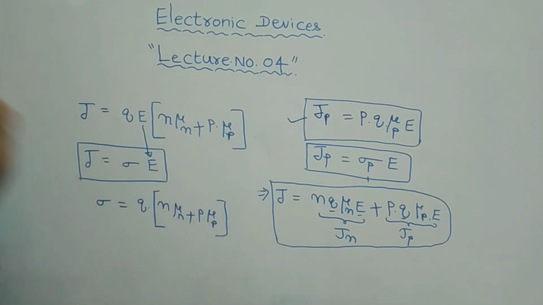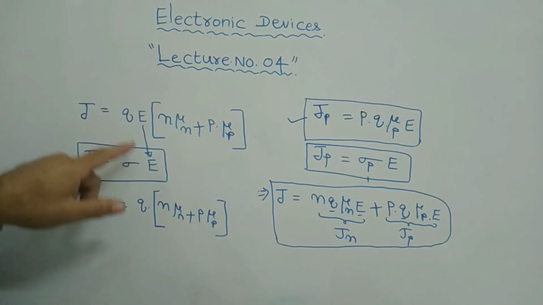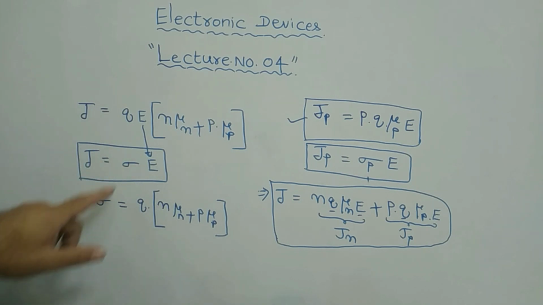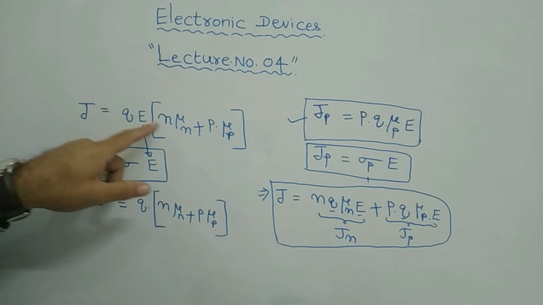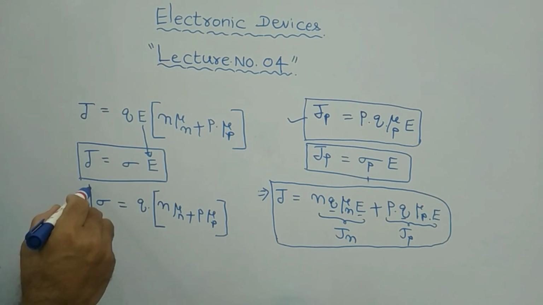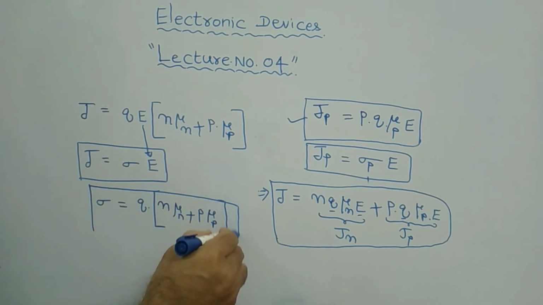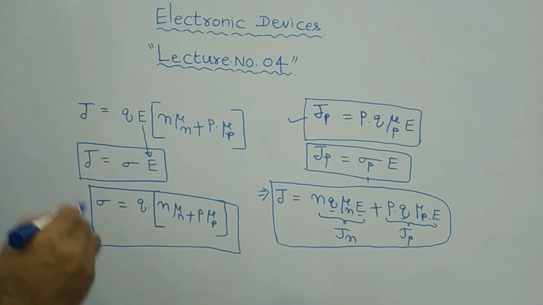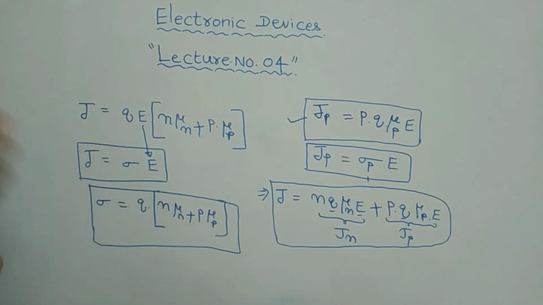So J is equal to sigma E, again in the form of Ohm's law, where sigma is equal to q into n mu n plus p mu p. This is called the total conductivity. This is the expression for total conductivity.